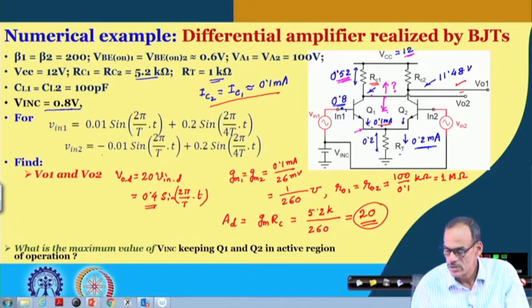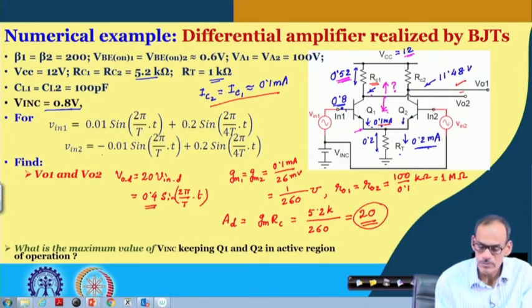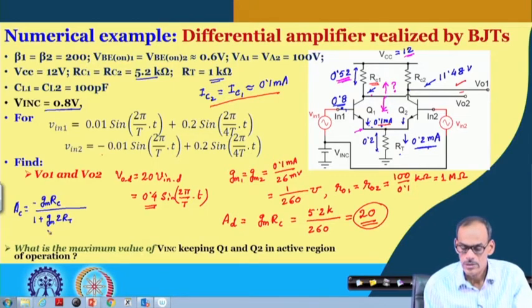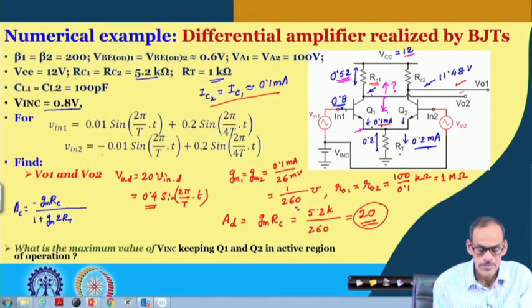Also, if you see the common mode gain, let me use this space, AC equals minus Gm into RC divided by 1 plus Gm into 2RT, and the Gm we say is 1 by 260.